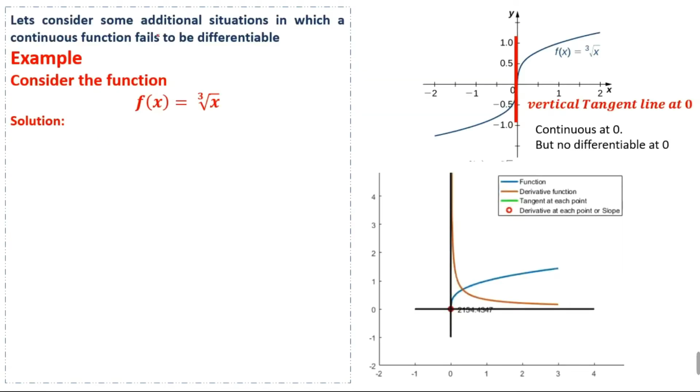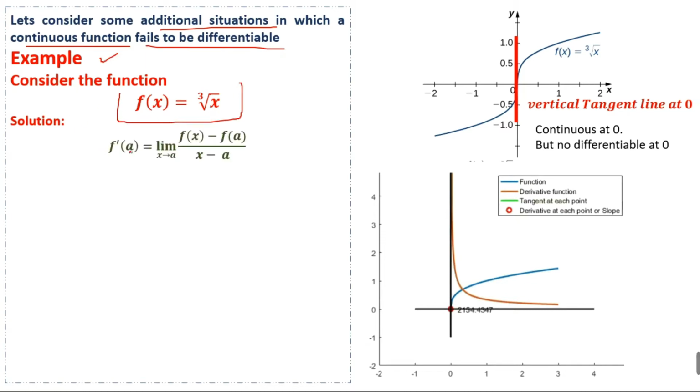Let us consider some additional situations in which a continuous function fails to be differentiable. Example: consider the function f of x equal to the cube root of x. We apply the definition on the given function and find the derivative of the function at a point. We apply the definition at x equal to 0, and we get this expression.